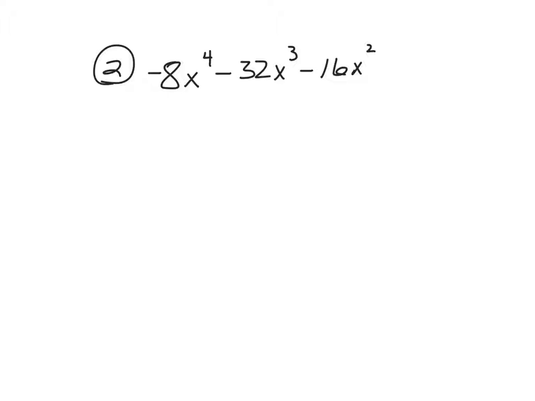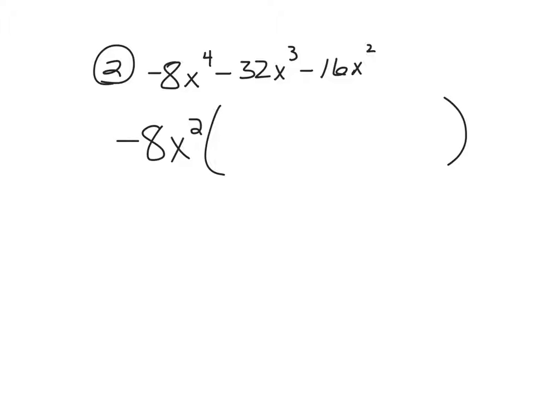That happens to be 8, but they all have a negative, so I'm going to take out a negative 8. It's only if they all have negatives. Then we have 4 x's here, 3 x's here, and 2 x's here. They all have x's. What's the lowest amount of x's that they have? That happens to be 2 of them. So I'm going to take out 2 x's from everything.